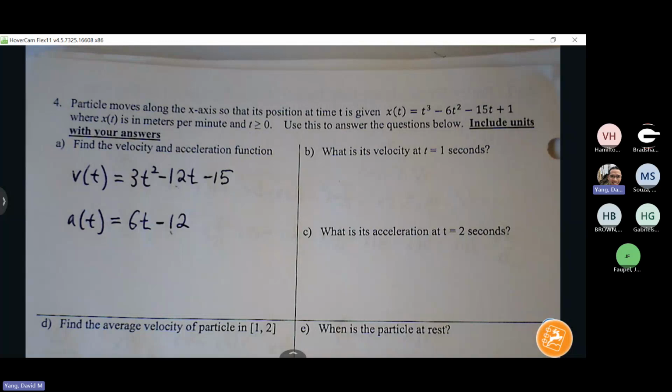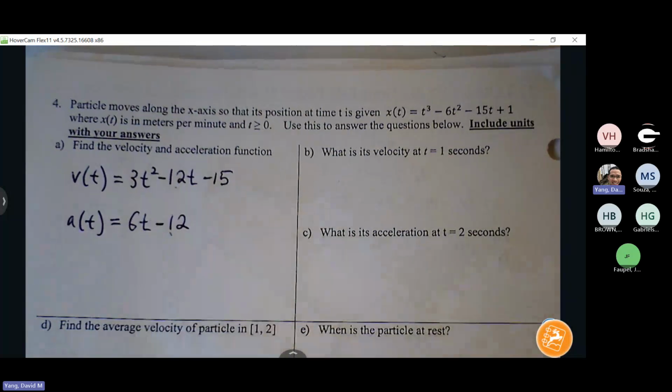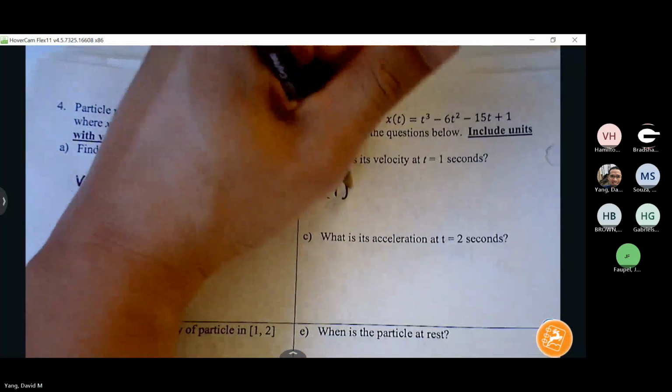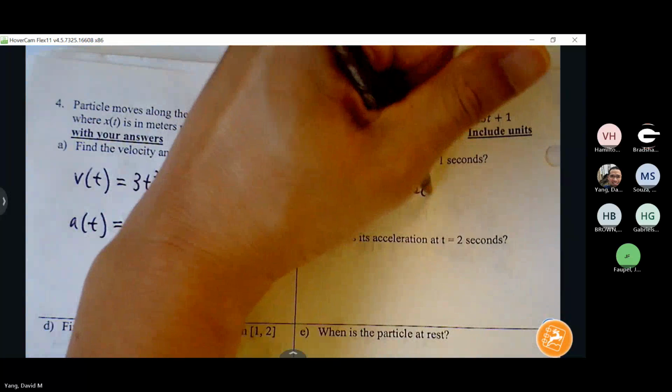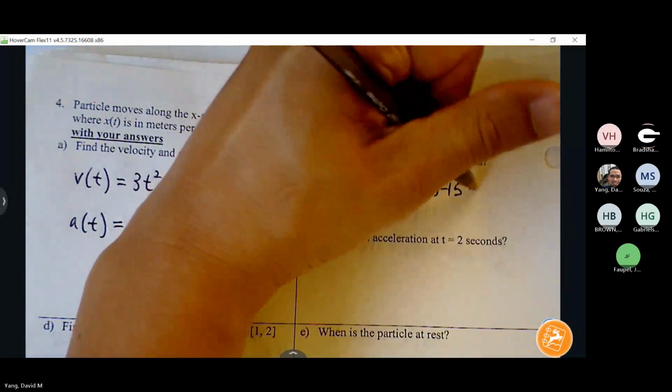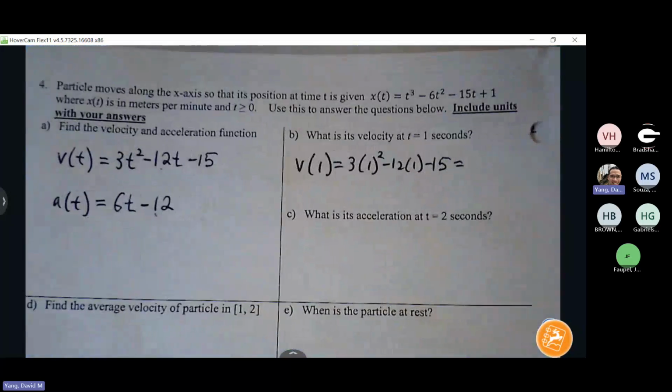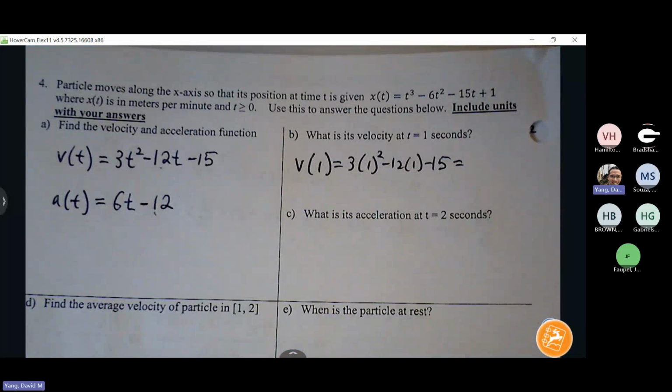Okay, what is velocity in 1 second? Pretty straightforward. Acceleration in 2 seconds. We can just insert our t values into the respective functions. Okay, 3 minus 12 is negative 9, minus 15, negative 24.